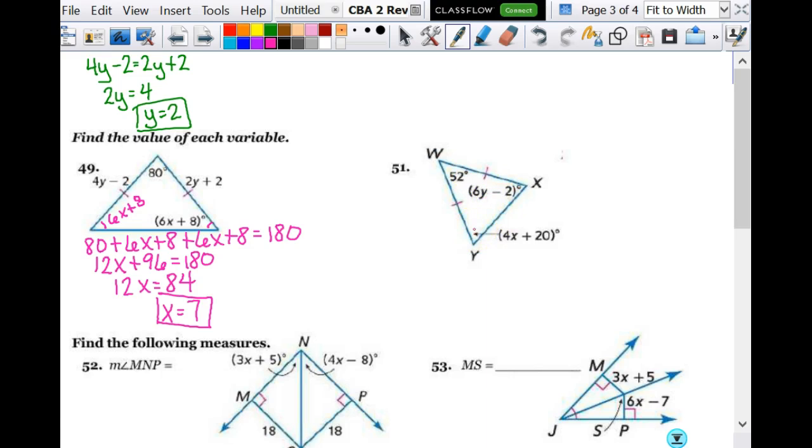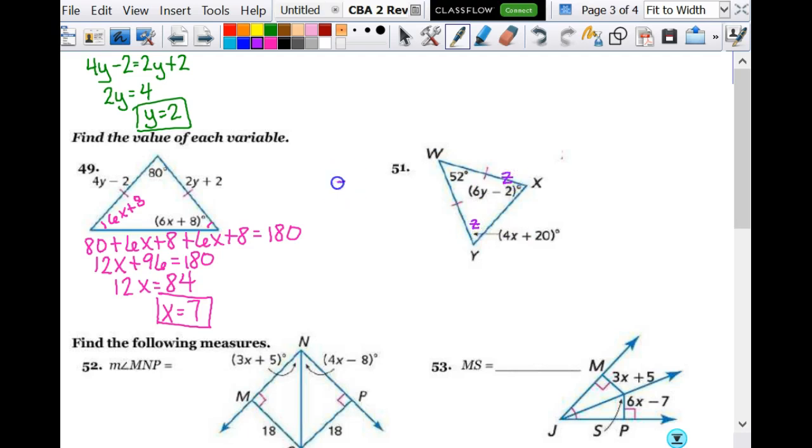But because they gave you that this is 52, you could also go ahead and find the measure of each one of these angles here, and then just set each one of those equal to that. So let's call this x, this y. Let's call each angle measure z since they're congruent.